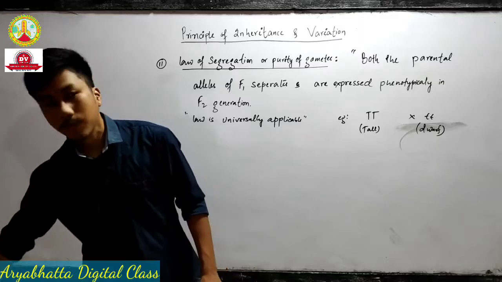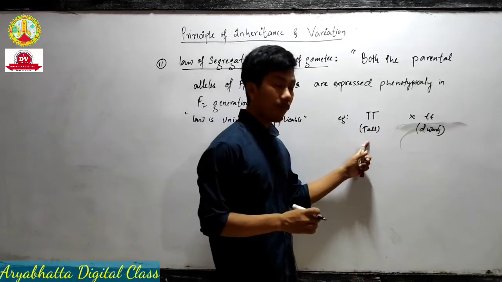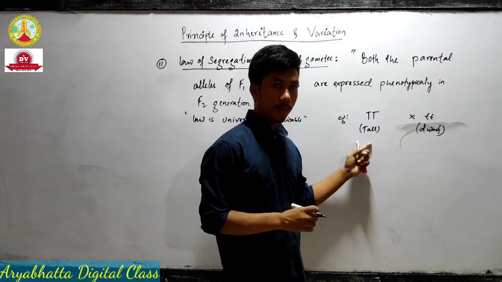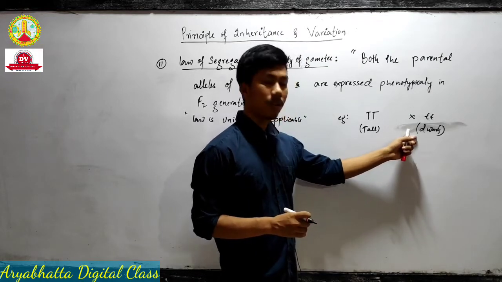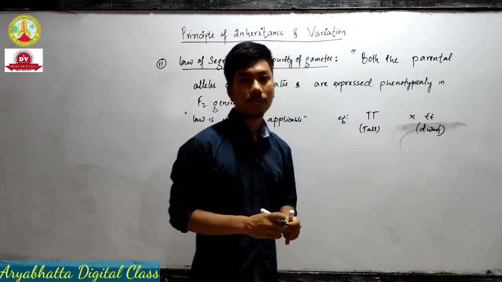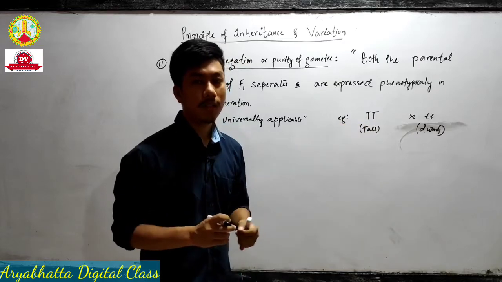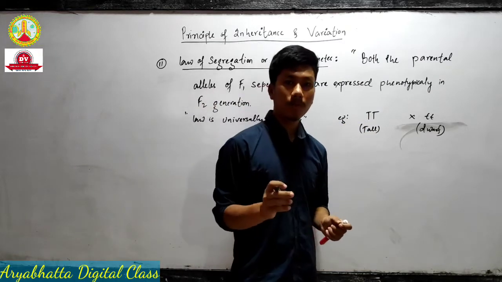The dominant character we always represent with a capital letter, as we have seen. So we are taking the homozygous tall plant and the homozygous dwarf plant. The dominant character we represent with a capital letter, and the recessive character we represent with a small letter.